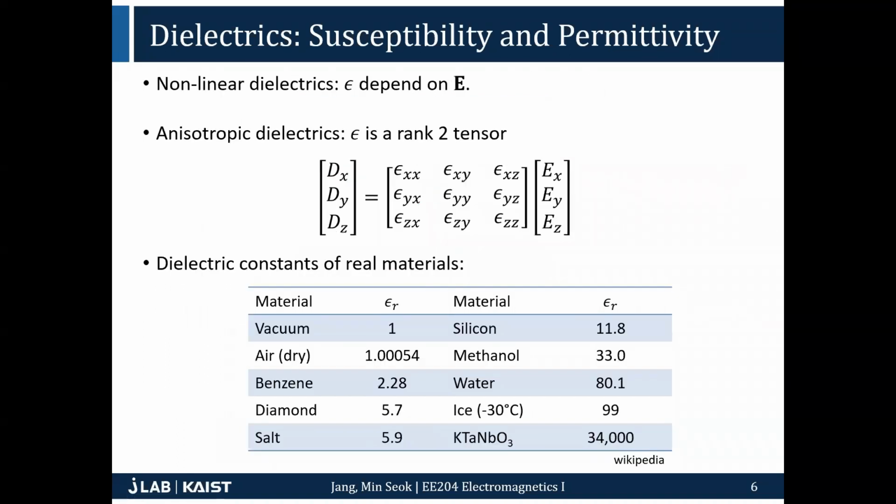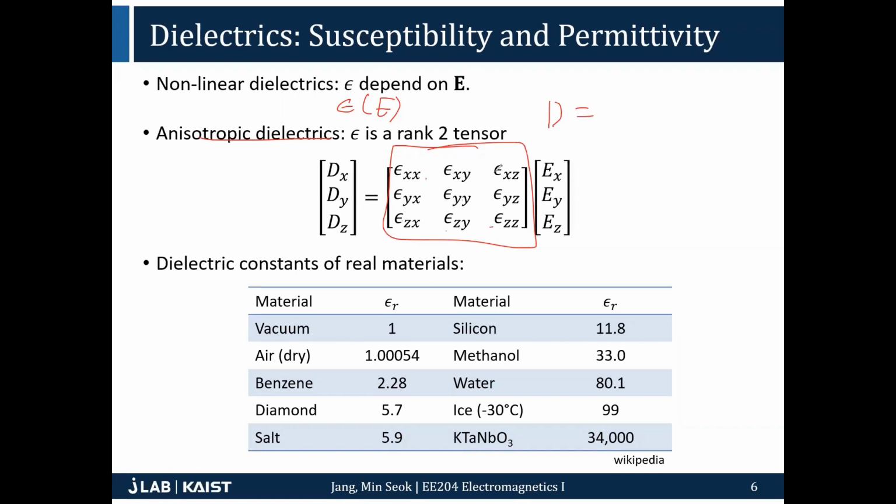And here's some more about the susceptibility and permittivity. Well, in an actual material, epsilon is not a constant number. Epsilon itself depends on the applied electric field intensity. And epsilon actually is not even a scalar. It's a rank 2 tensor, like a 3 by 3 matrix.